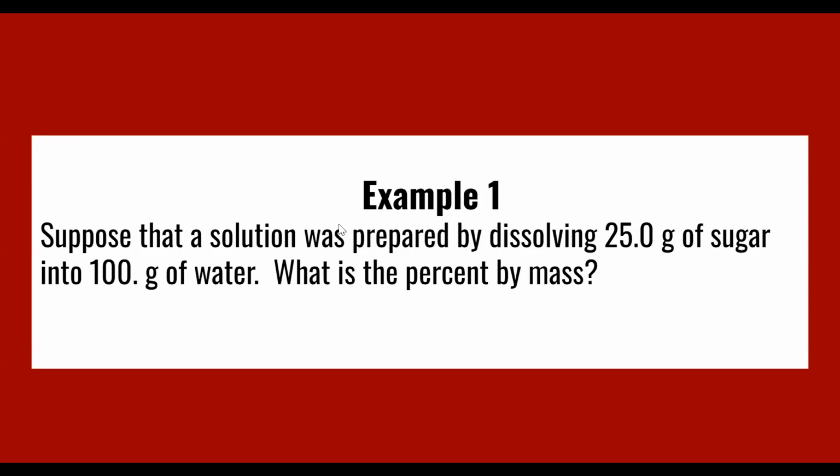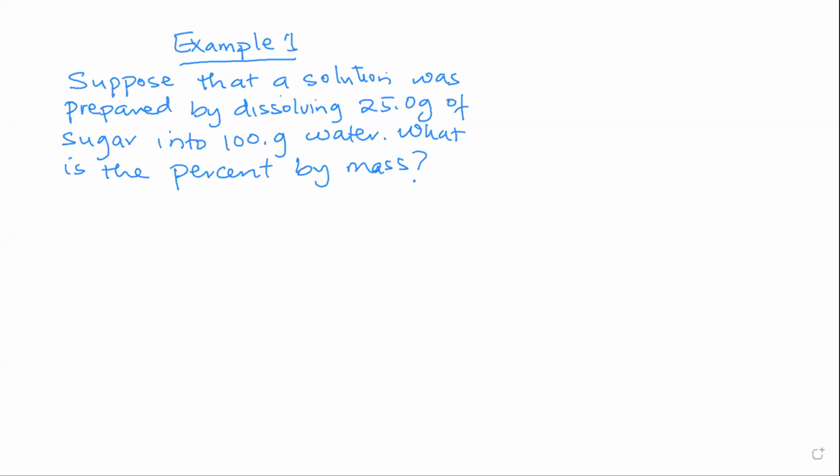Suppose that a solution was prepared by dissolving 25.0 grams of sugar into 100 grams of water. What is the percent by mass?